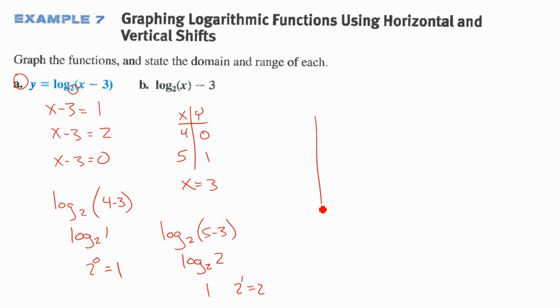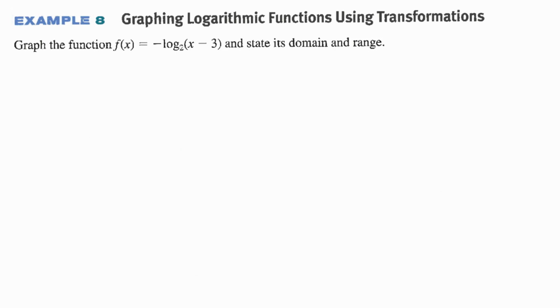So let's graph it. 4, 0, 5, 1. Asymptote is x equals 3. Start low, vertical, flatten out. Domain: x is greater than 3. Range: y is all real numbers.